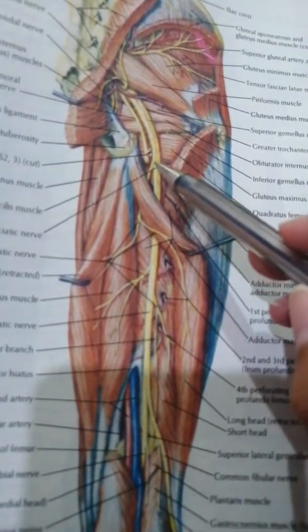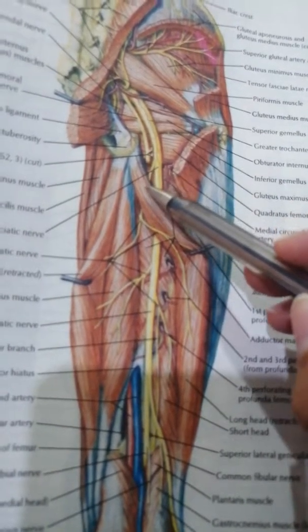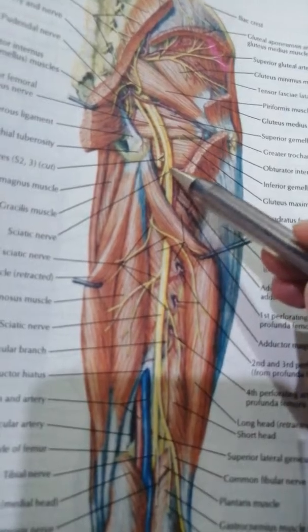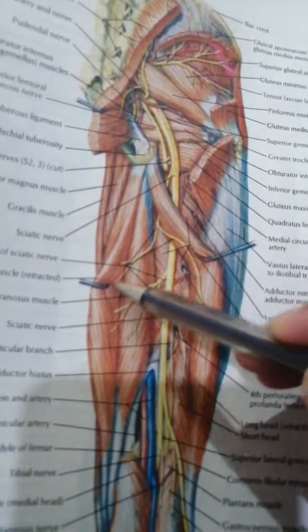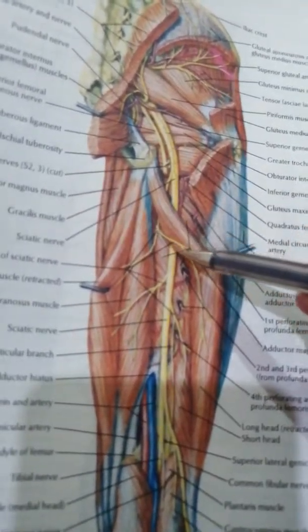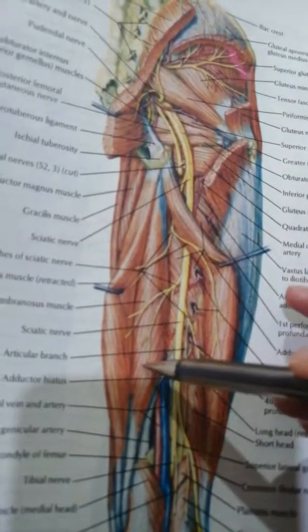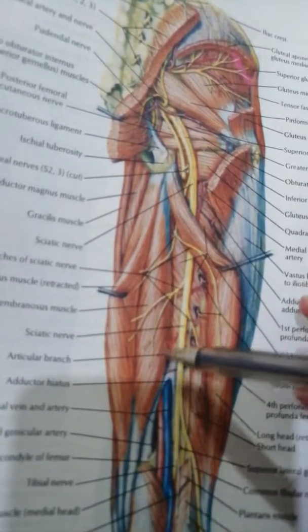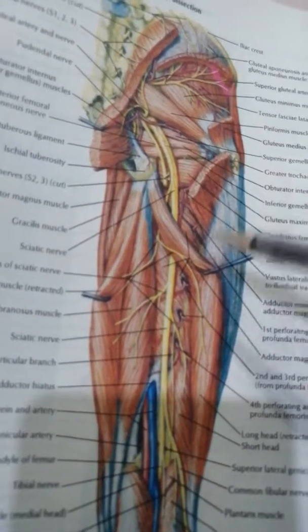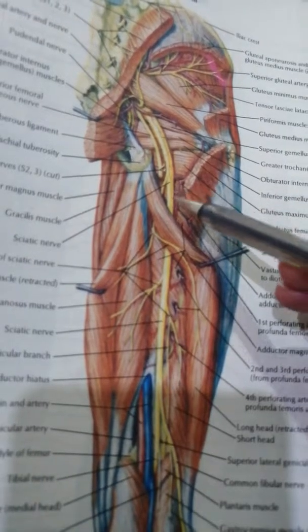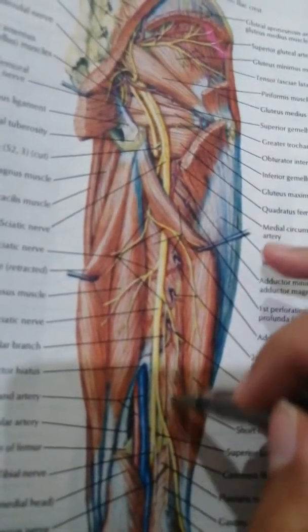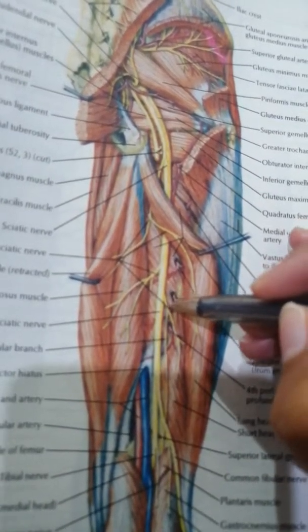And you can see this branch coming out from the medial side that supplies the semitendinosus, and this one that supplies the biceps femoris, and this one that supplies the semimembranosus. And as for the adductor magnus, there is probably a branch that is not quite seen over here, whereas the one for the short head can be seen to come from the lateral side.